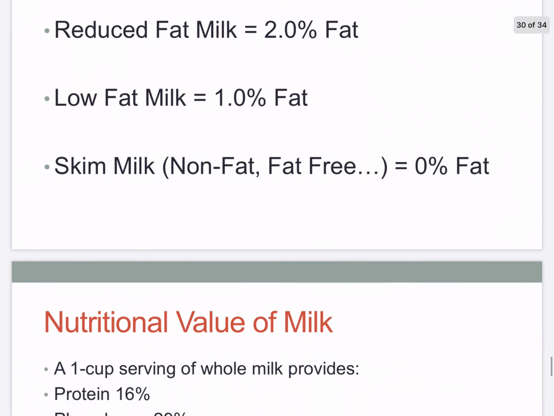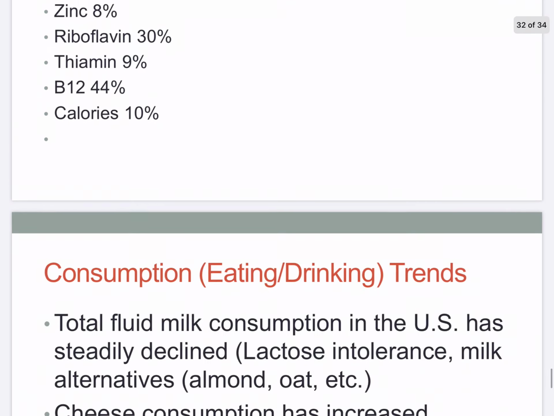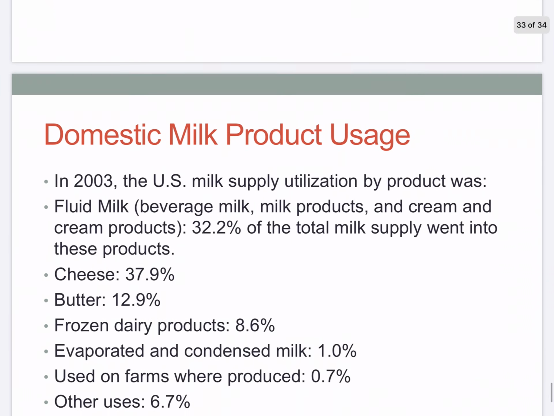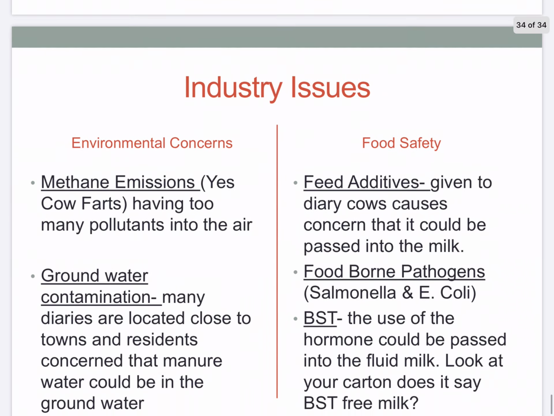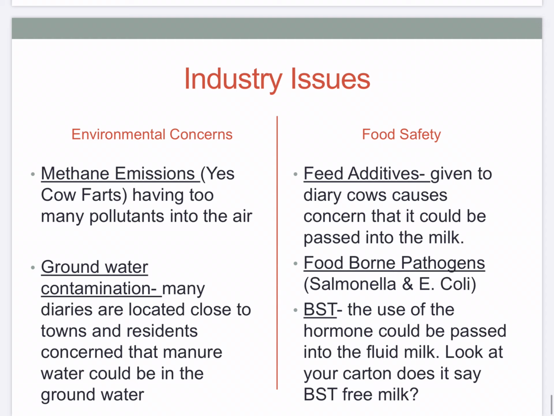Maybe we'll come back to them, okay? Okay, here we go. This is the bottom of the sheet, the very last of it. It says environmental concerns: methane emissions, too many pollutants into the air, groundwater contamination, and then for food safety: feed additives, foodborne pathogens, and BST.